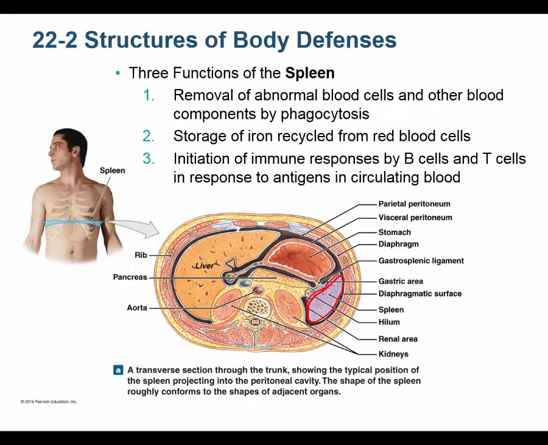The spleen is on your left-hand side, so this is left over here. And this is right over here. Your liver's on the right. So how can that be? And the answer is you're looking upward from the feet. You're not looking downward. That's correct. Okay. So that's the spleen, and that's a primary lymph organ right there.